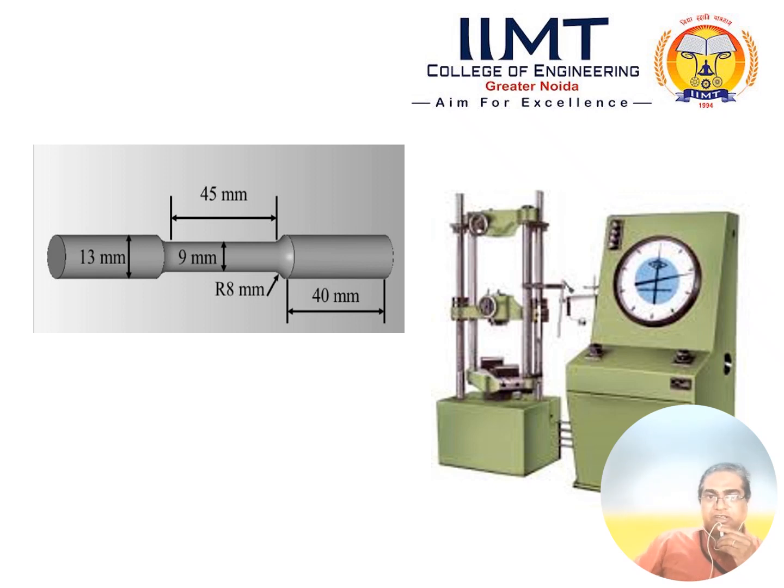For that reason, we make a standard specimen of the material, and that standard specimen is tested on the UTM machine. After the completion of this test we get the stress-strain diagram, and on that basis we can find the maximum value of stress that can be sustained by the material.